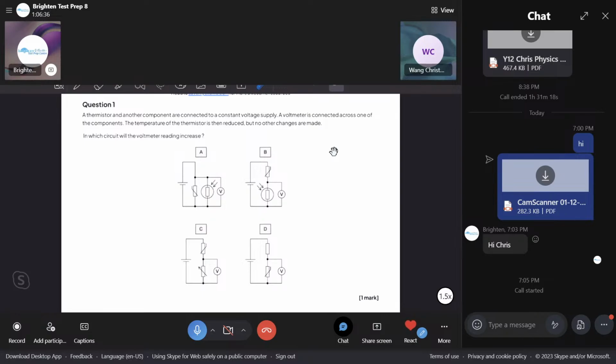What's different is that A is in parallel and B is in series. And what is the same is that the voltmeter is measuring the potential difference of the light dependent resistor. Okay, yeah, you may say so. I was more like both contain an LDR, right? But they are arranged differently, either serial or parallel.